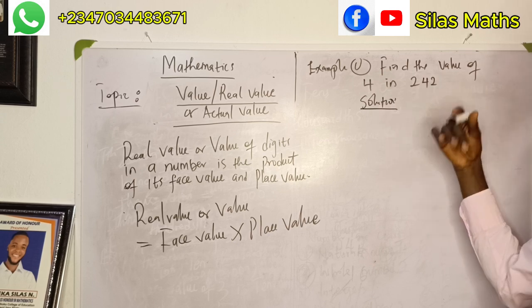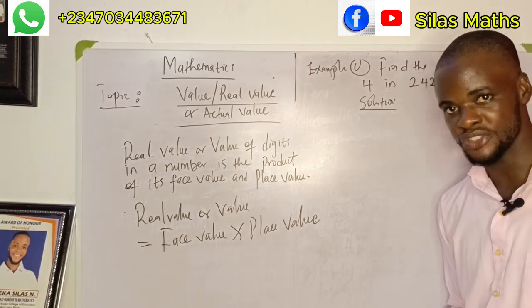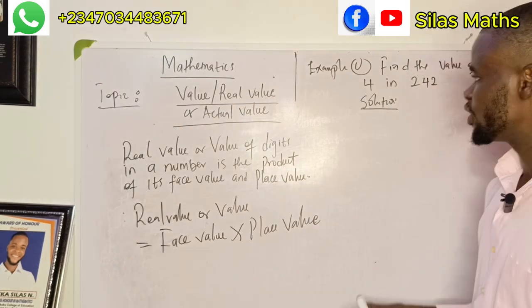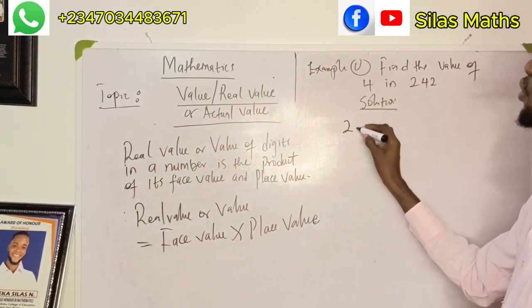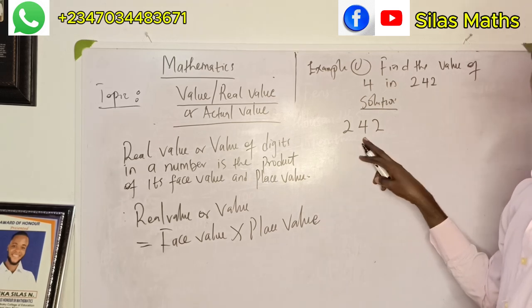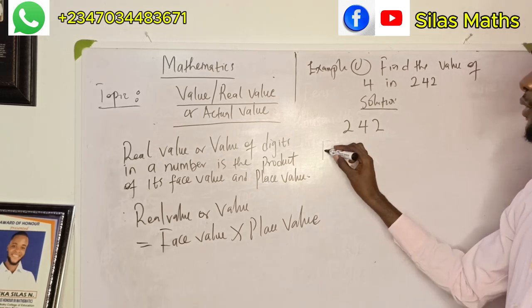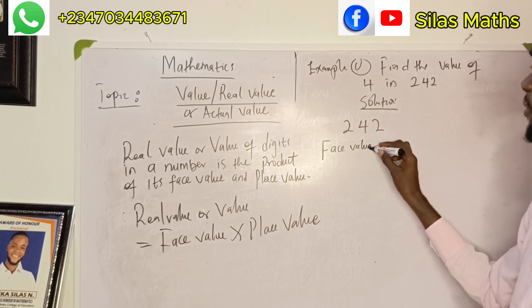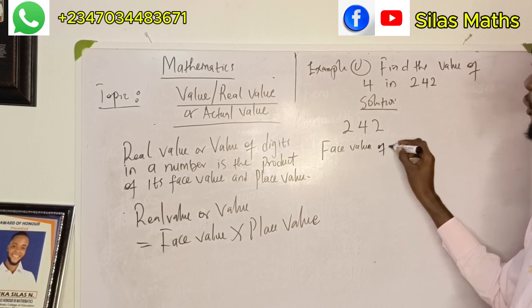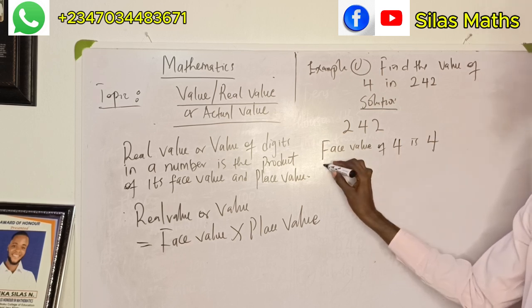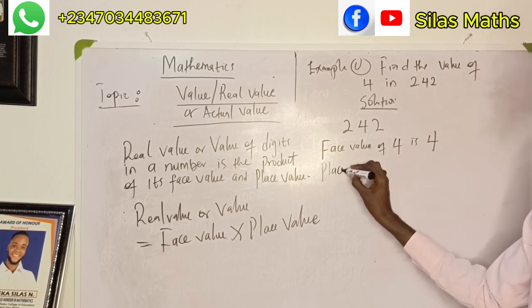Since we say that it is the product of the face value and the place value, in this number 242 we ask ourselves, what is the face value of 4? Face value of 4 is 4, right? Correct.